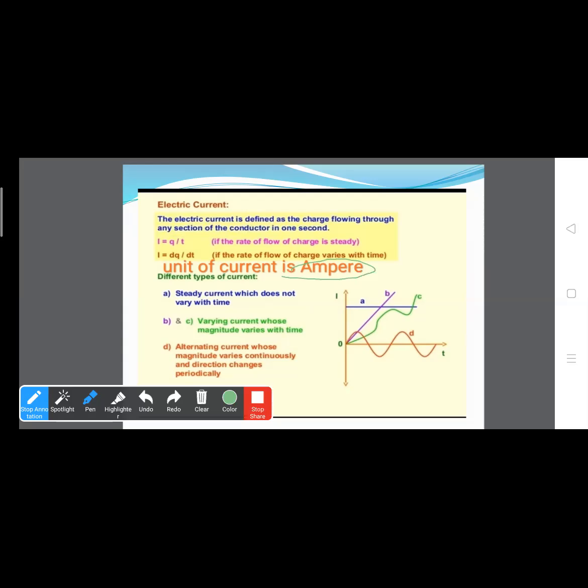So I equals Q upon T, equals 1 coulomb per 1 second. This is the definition of 1 ampere.